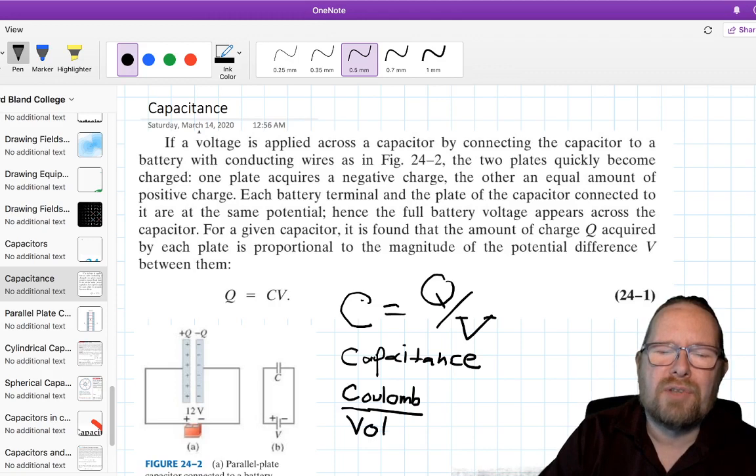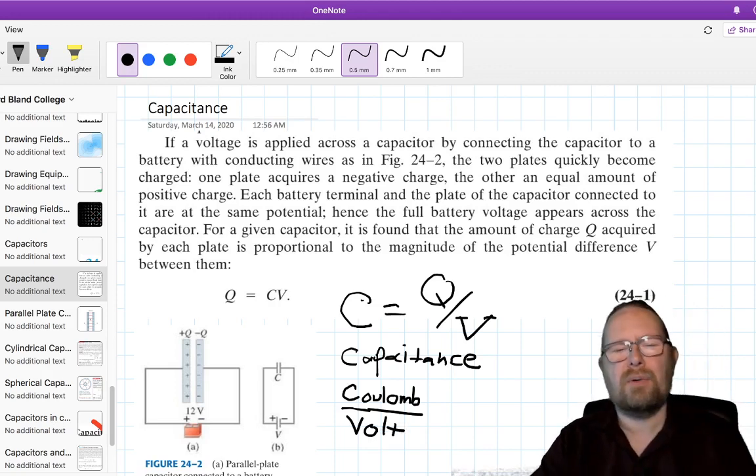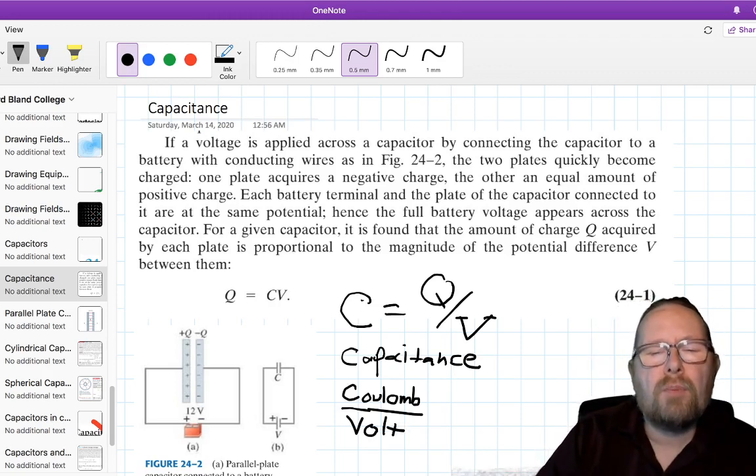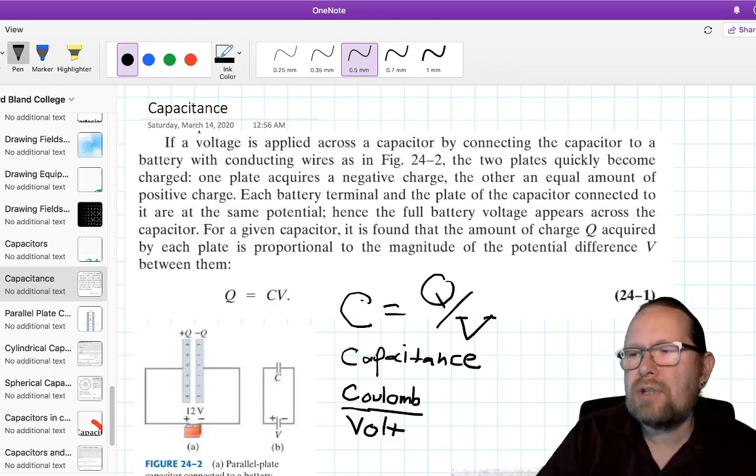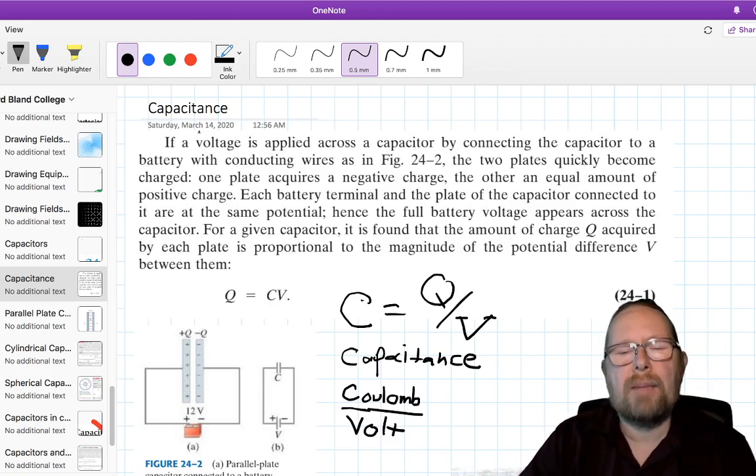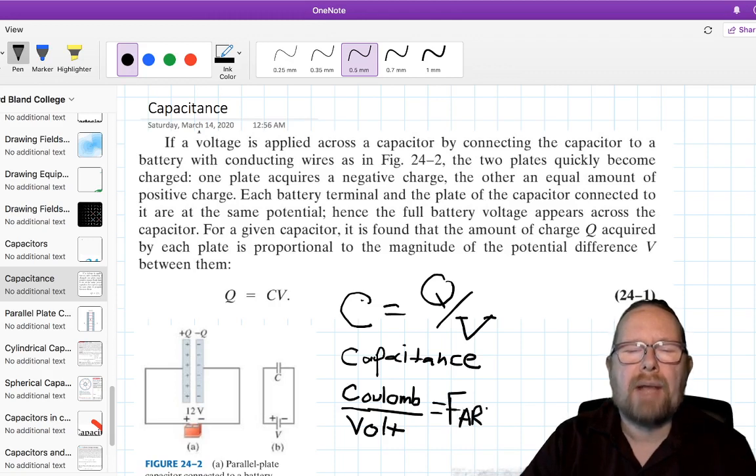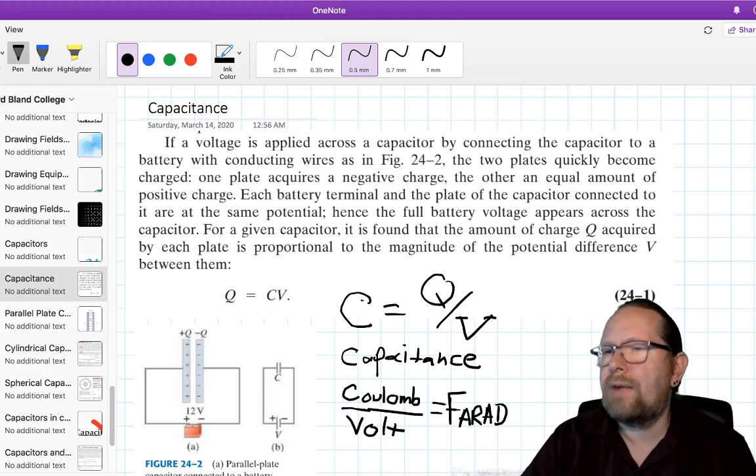There's only so many letters, so we've got to deal with it. And a coulomb per volt we actually give its own name. It's called a farad, named after Faraday. So the unit of capacitance, the coulomb per volt, is called the farad.